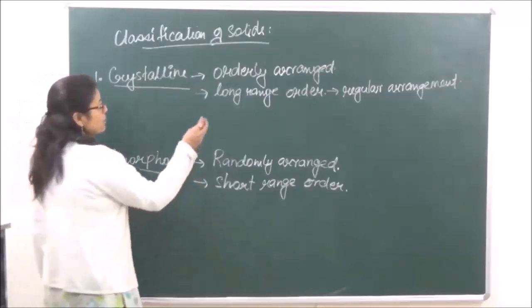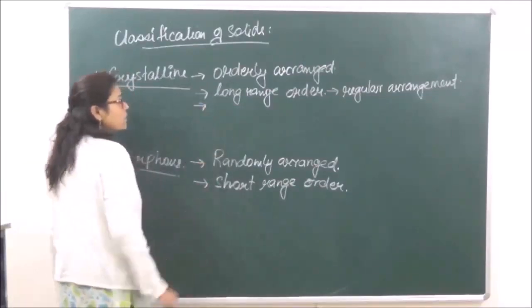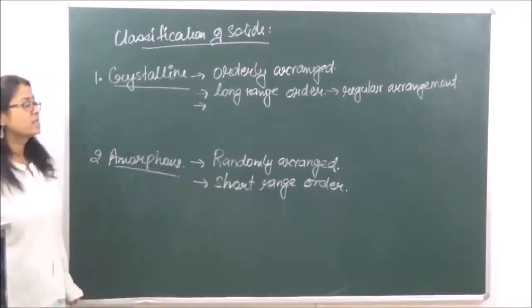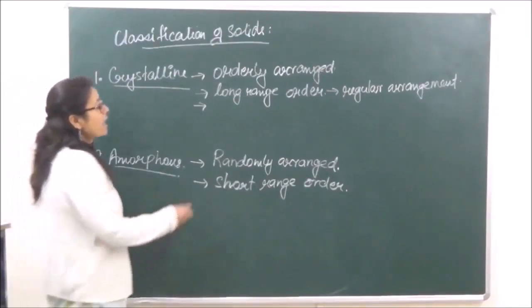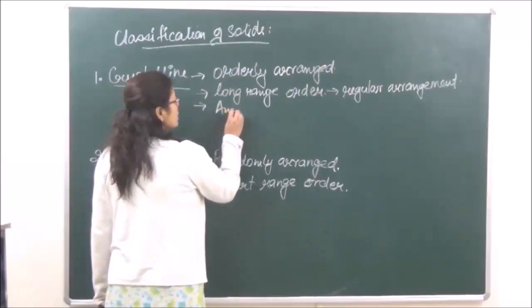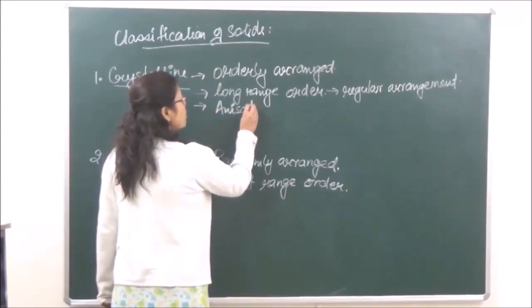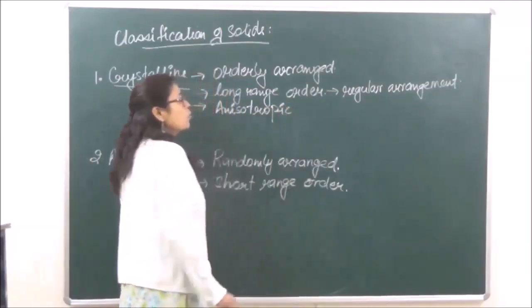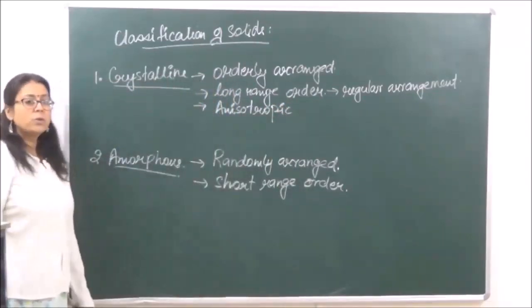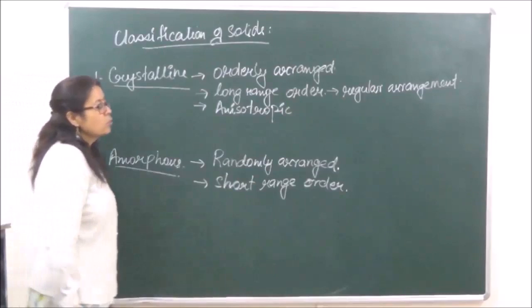The second point of difference, in fact the third point of difference जो कि हम यहाँ पे लिख सकते हैं, that is the crystalline solids, they are anisotropic in nature. What do we understand by the term anisotropic?